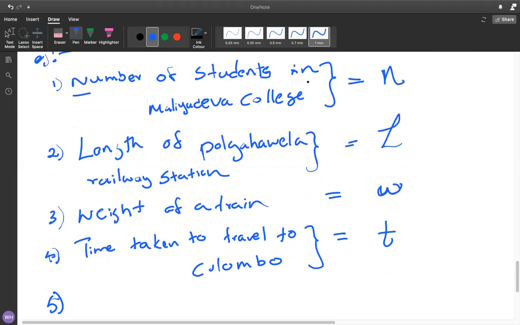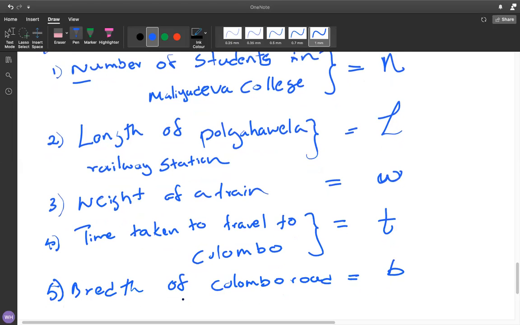The number of students in Maliyadeva College will be simple n. The length of Polgahawela railway station, simple L. And if you consider the breadth of Colombo Road, or Kurunegala Road, or Kegalle Road, any road, since we are discussing a breadth, you can use simple B. Understood?